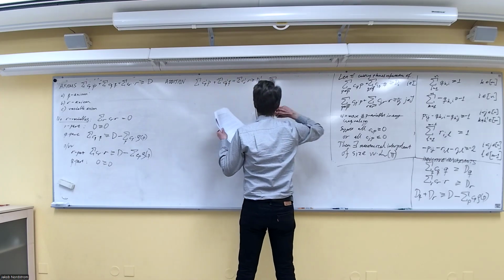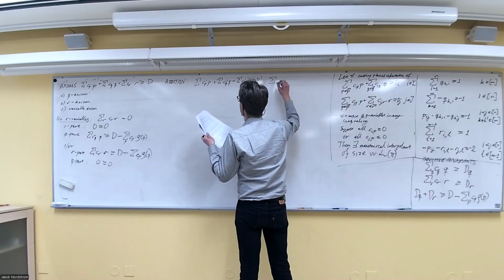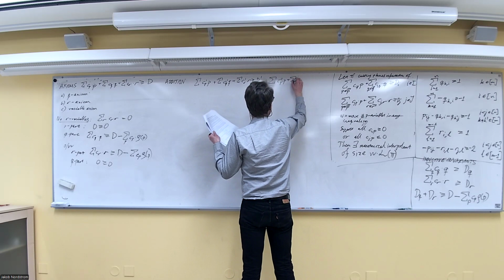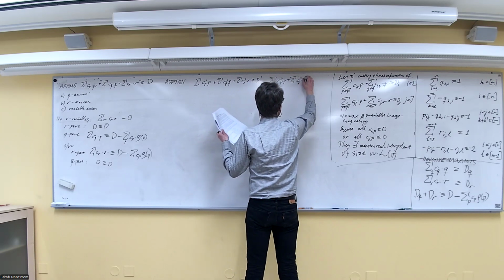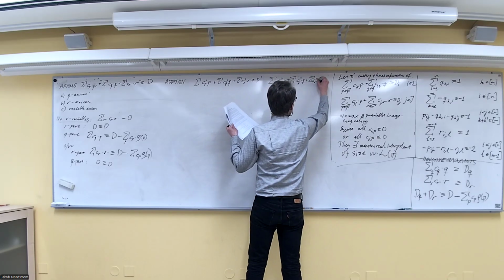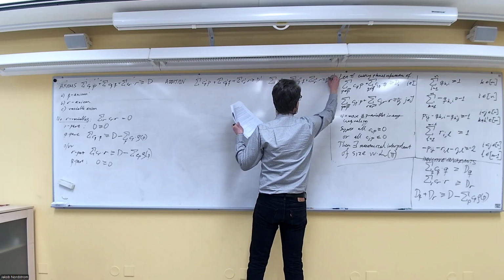And we're adding C double prime P plus C double prime Q times Q plus C double prime R times R greater or equal D double prime.